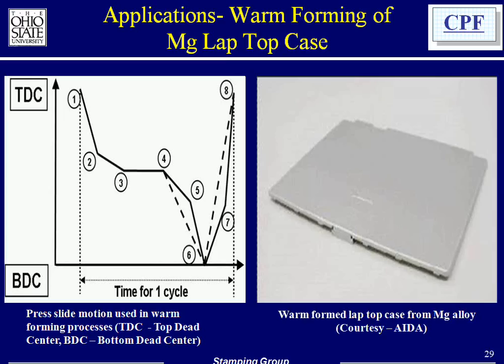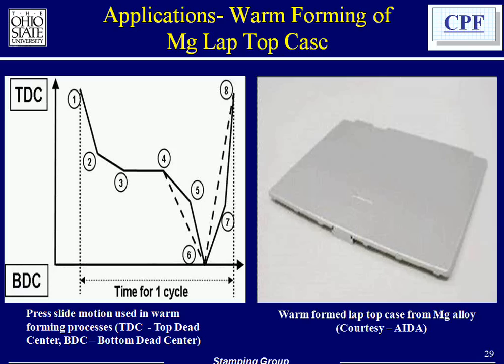And finally, as far as warm forming is concerned, I show you an industrial application. I must admit I don't know whether it's still being done, but it was done 5 years ago. That was the laptop cover for the Sony laptop, a process developed by Aida and Sony for forming a magnesium laptop case using a servo press.